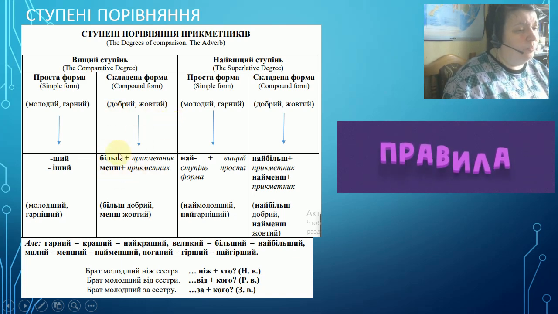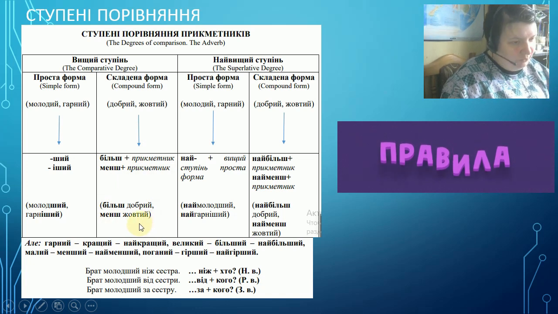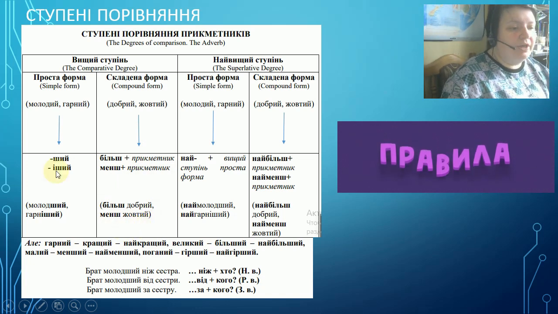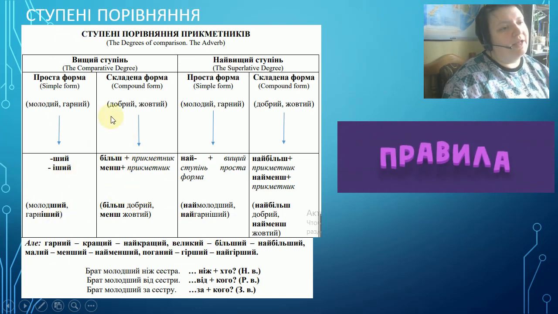Compound form, we use більш, менш, and adjective. More, less, and adjective. Більш добрий, more kind, менш жовтий, less yellow. And we can use both these forms to form the comparative degree.